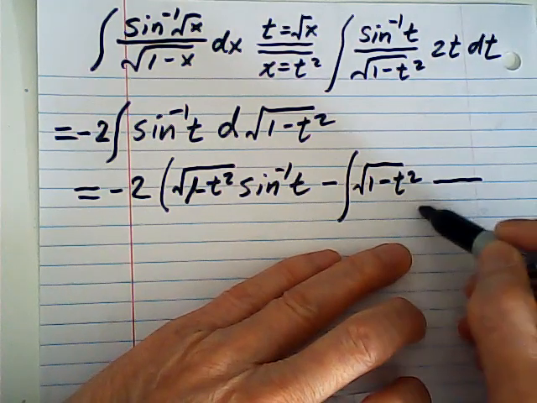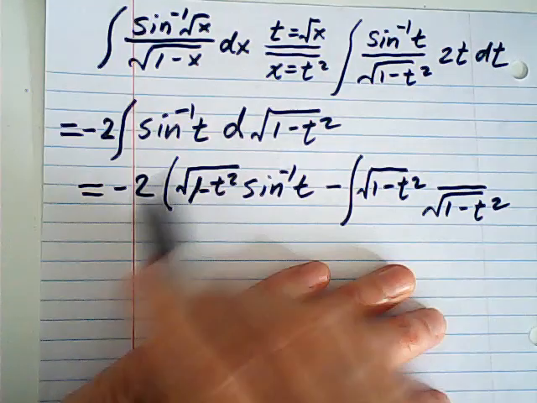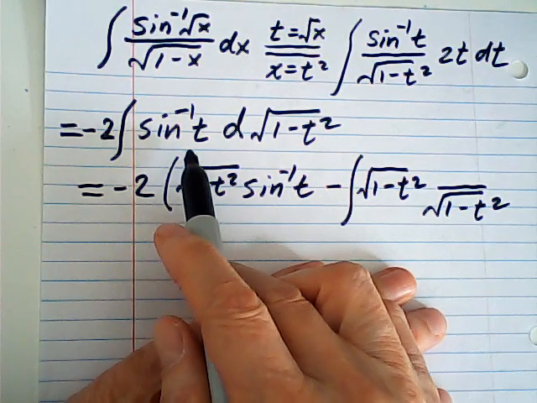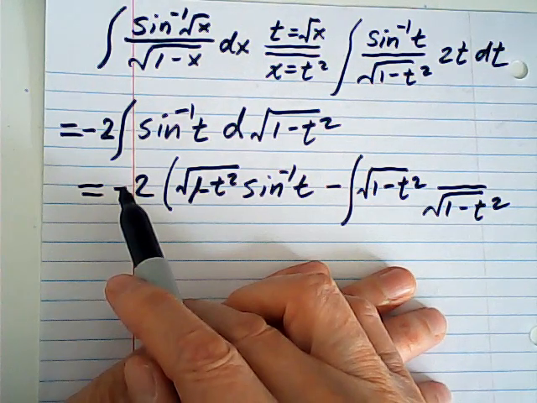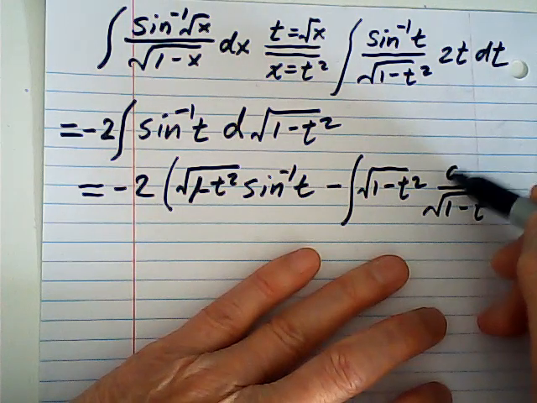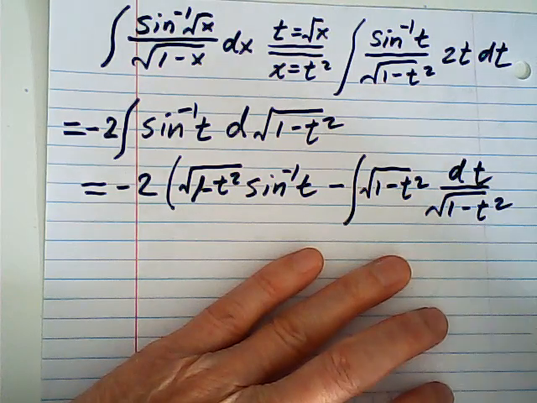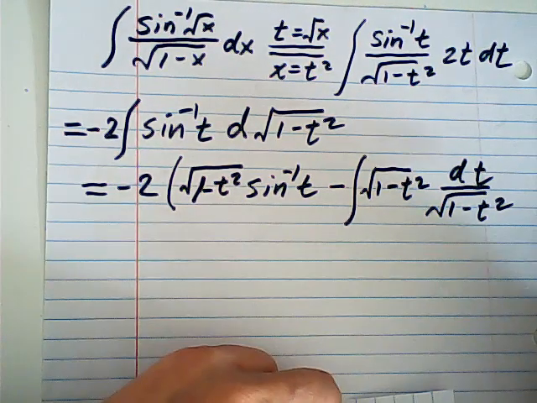So this is equal to 1 minus t squared, and dt, right? Yeah.